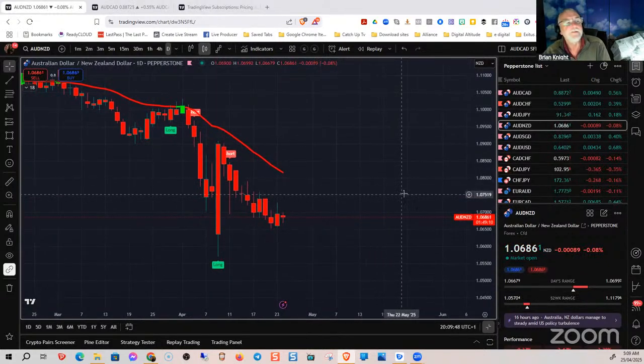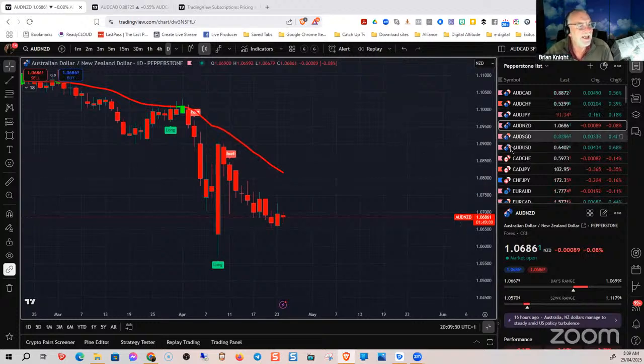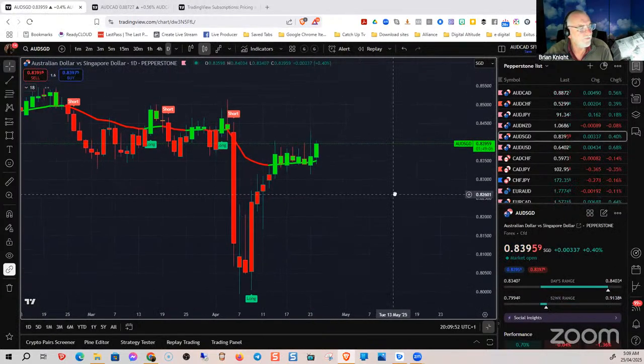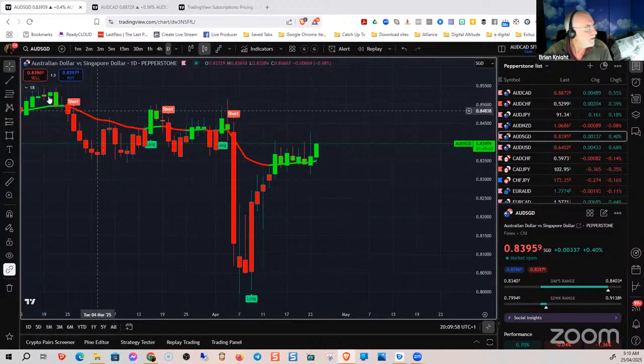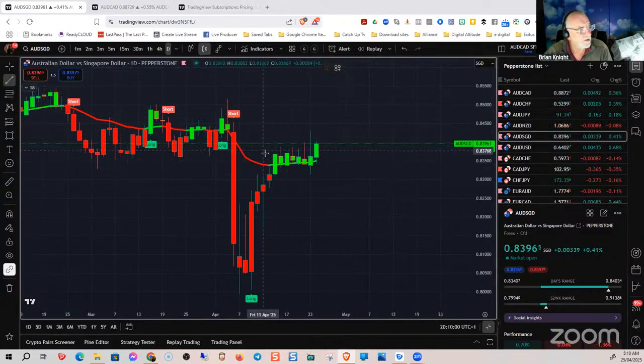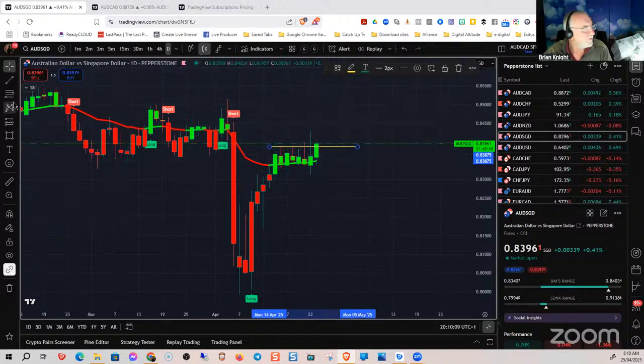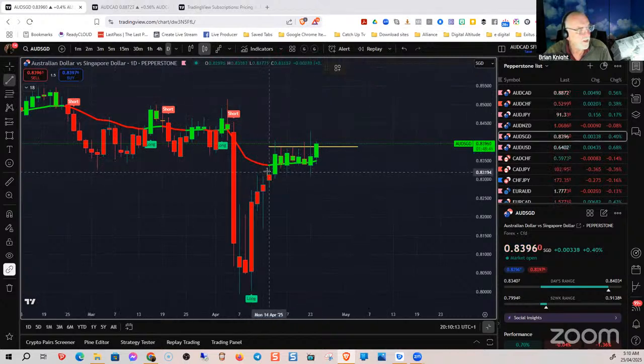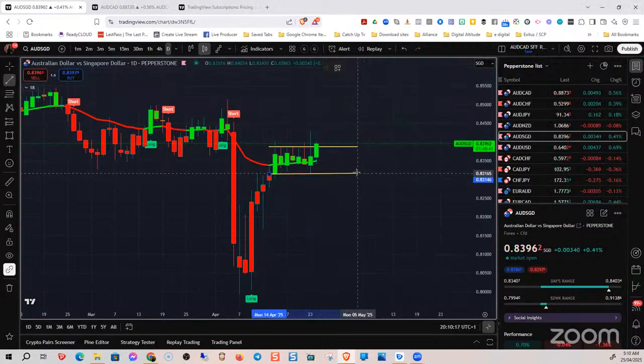So, right, AUD Singapore. Now that has pushed up, but it hasn't necessarily broken. I'm going to put a line at the top of these connected wicks. I'm in this at the moment.